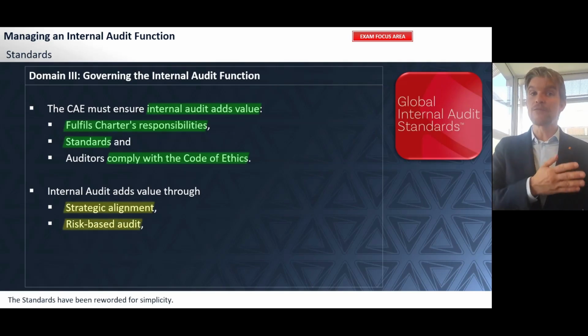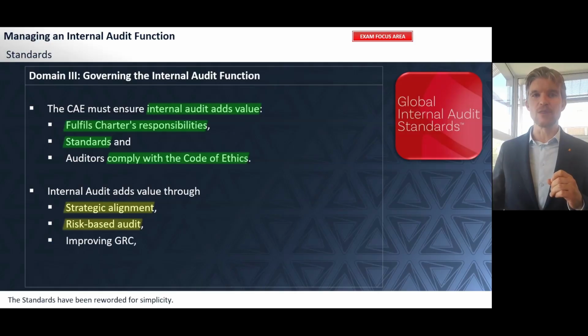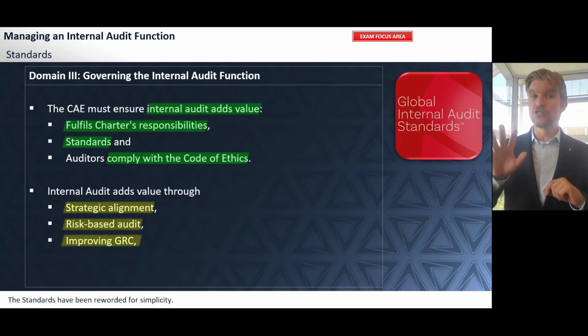And so from that strategic alignment, you're supposed to have a risk-based internal audit plan and even risk-based internal audits themselves. Internal audit is definitely a function that is supposed to be looking at risk the entire time and use a risk-based approach. We're supposed to improve governance, risk. Now, the Institute of Internal Auditors says governance, risk, and controls.